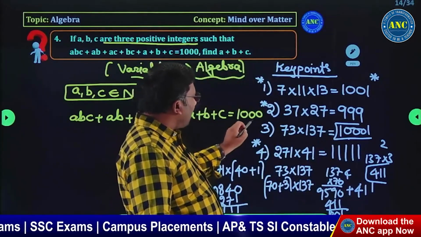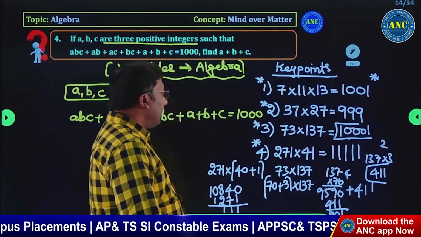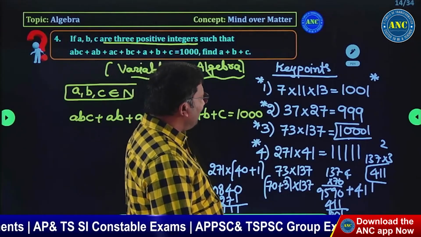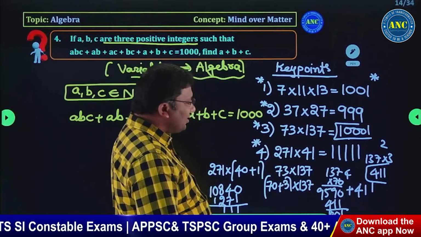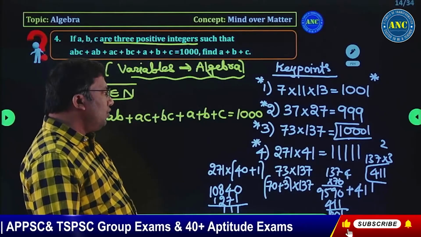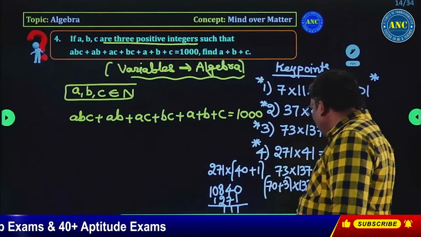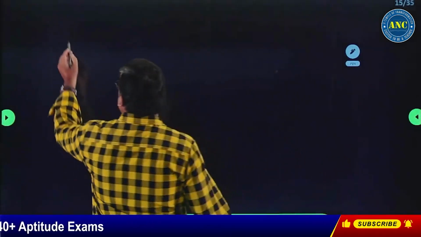Please put a star mark on these 4. I will explain the importance of these 4. So 7 into 11 into 13, 37 into 27, 73 into 137, 271 into 41. Please write down its importance.